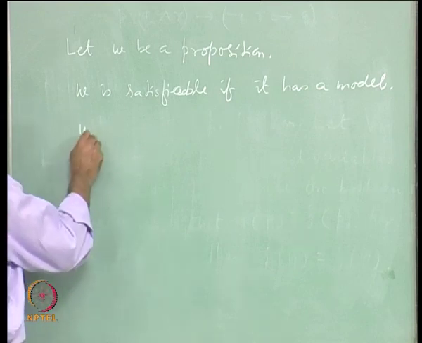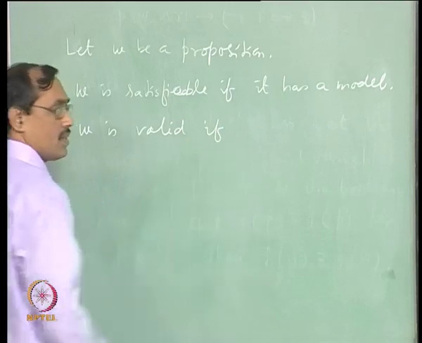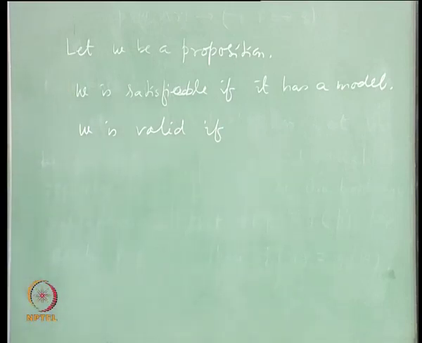Then we say that W is valid if each interpretation satisfies it, right, if each interpretation of W is its model.